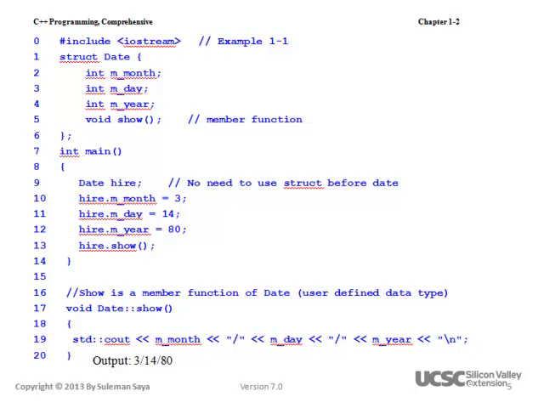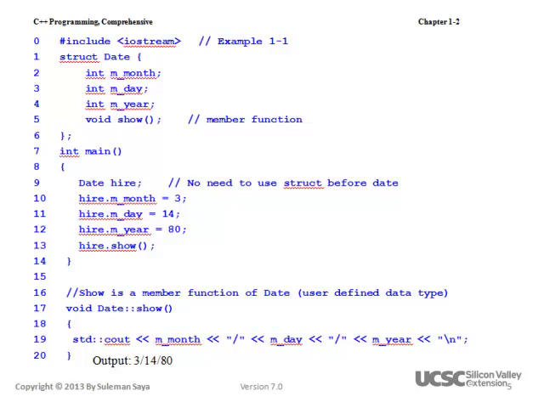So let's look at what is happening at line number 13. At line number 13, I am using a date object to call the show function by using a dot operator.